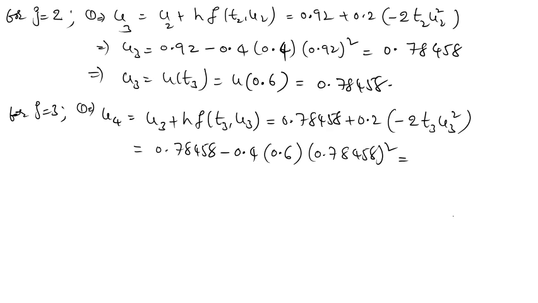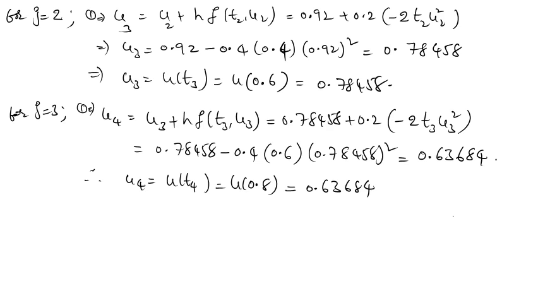This value is 0.63684. Therefore u4 is nothing but u of t4, that is u of 0.8, right? 0.8 value is 0.63684.